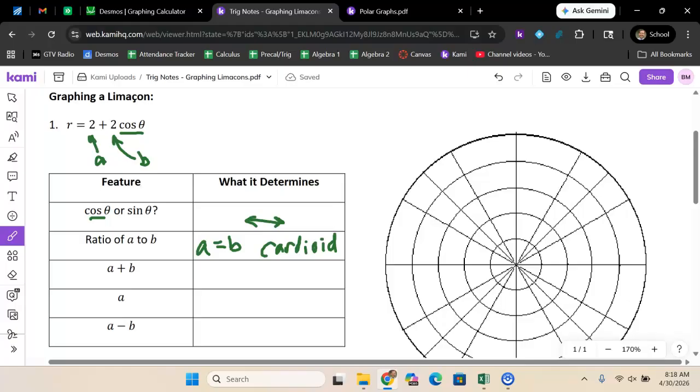So I'm just going to write these numbers down, then we'll show what that looks like on the graph. a plus b is going to be 4, a is 2, and a minus b is 0. And when I do these, I'm ignoring all negatives.